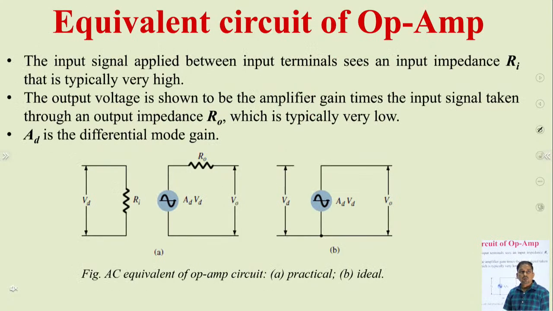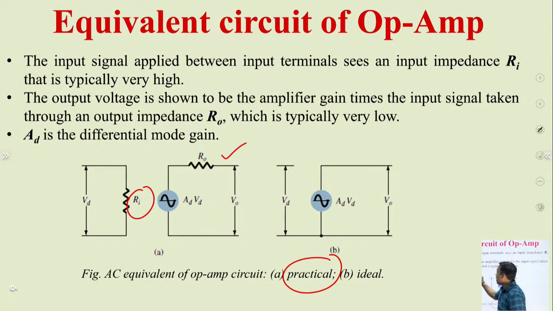Next, how are we going to utilize this equivalent circuit to calculate the gain for various types of circuits? For example, we have the inverting configuration, the non-inverting configuration, the summing amplifier, and the difference amplifier. So this is the equivalent circuit for the practical case, when Ri or Zi is high and Ro or Zo is low.